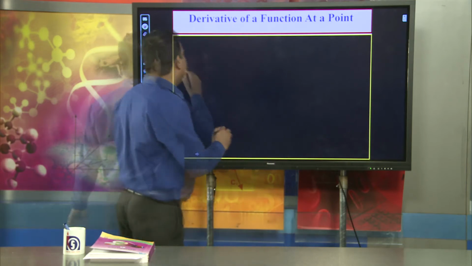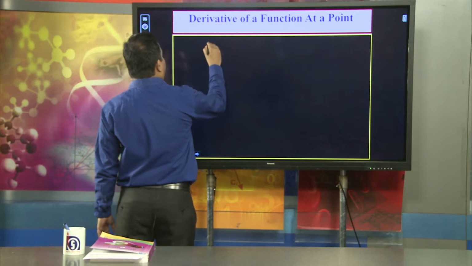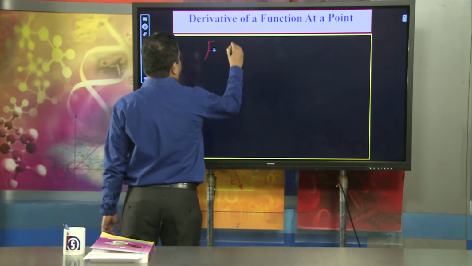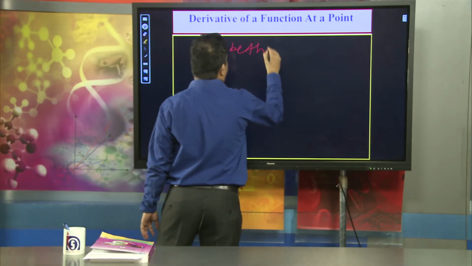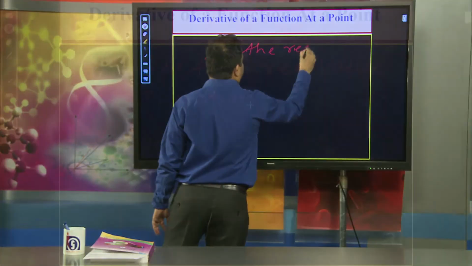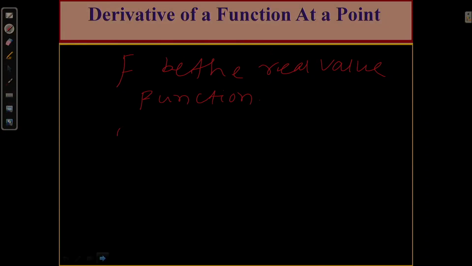That means, suppose we take f to be a real valued function, and x0 to be a point in the domain of the function f.